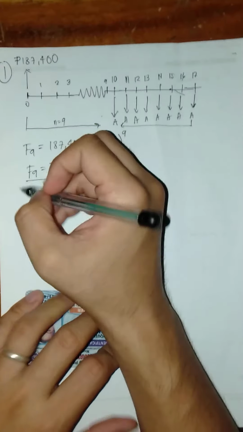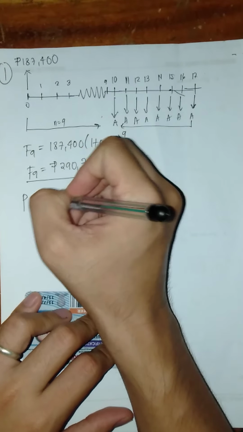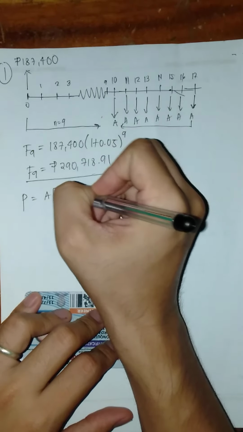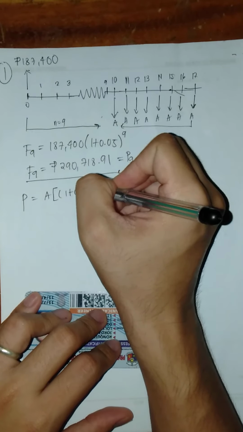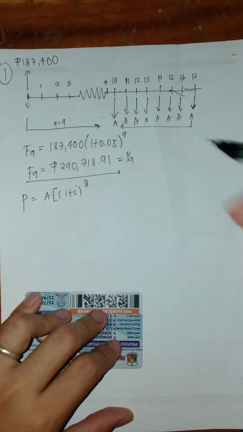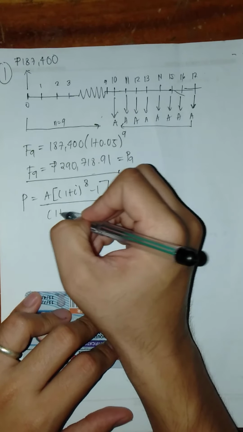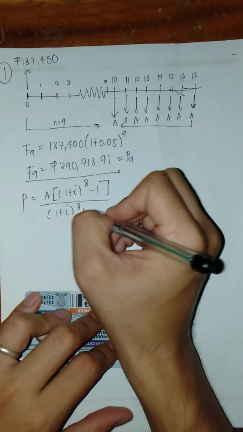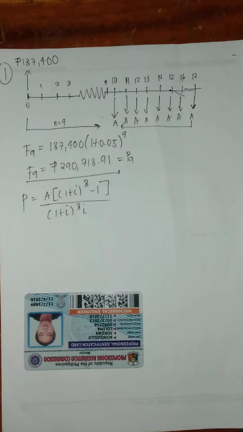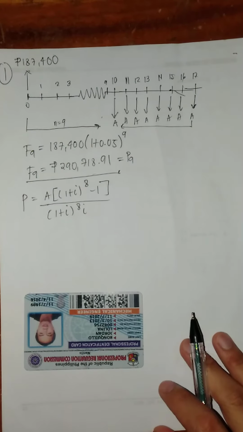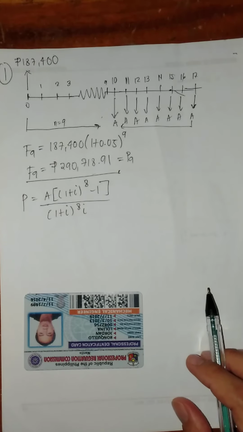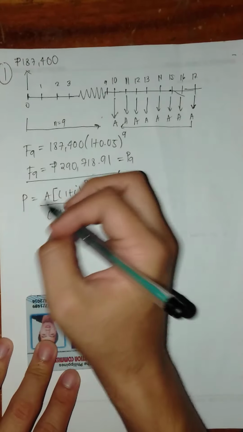So, yun. So, using your present is equals to annuity, 1 plus I raised to 8, since 8 period, 8 payments, minus 1, all over 1 plus I raised to 8 times I. So, this is your formula for the present amount of your annuity. Tama?